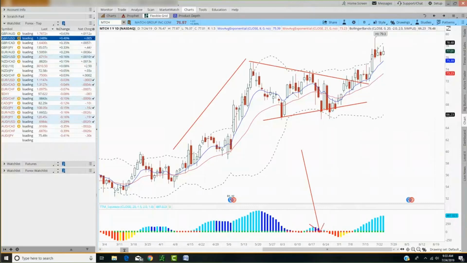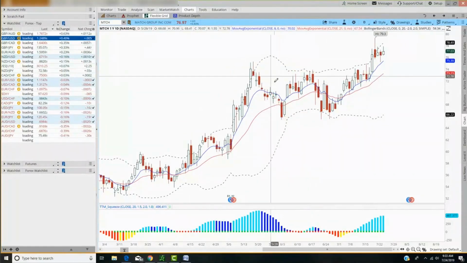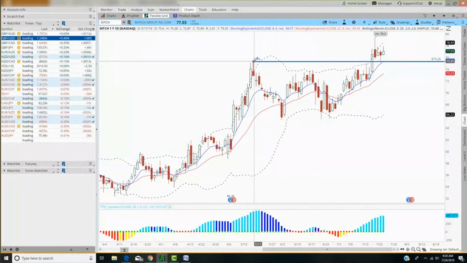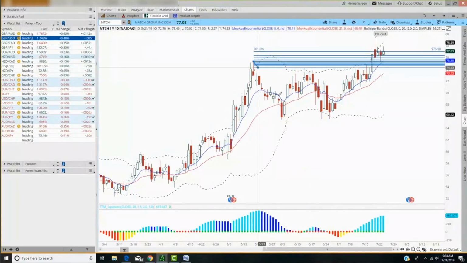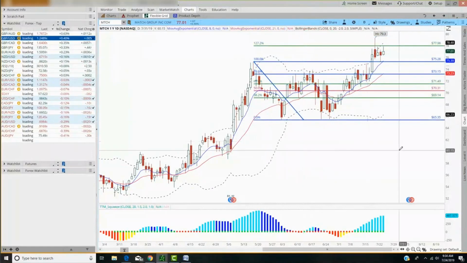And a pattern is nothing more than consolidation underneath a high. So price races up and then it starts to consolidate. So when we do our Fibonacci, we're going to take it from the highest high in the pattern to the lowest low. That is our Fibonacci.